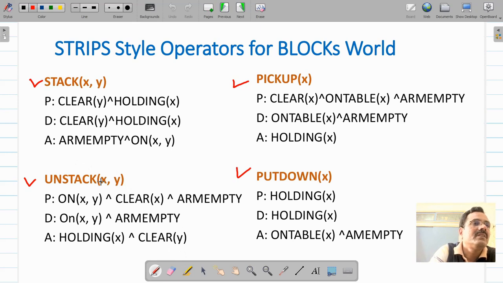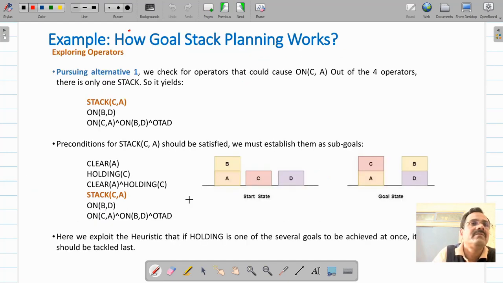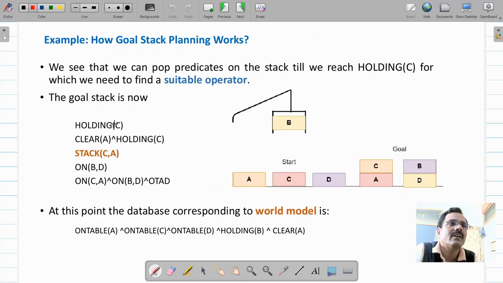To perform this unstack, there are certain conditions that have to be satisfied. So these are the sub goals: on XY, that means on XA, clear X, and arm empty. So let us go back and find out the current situation. We have holding C at the top of the goal stack.